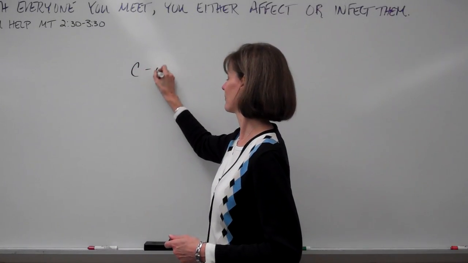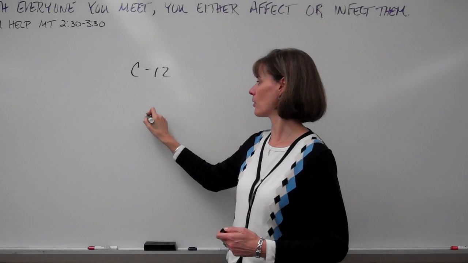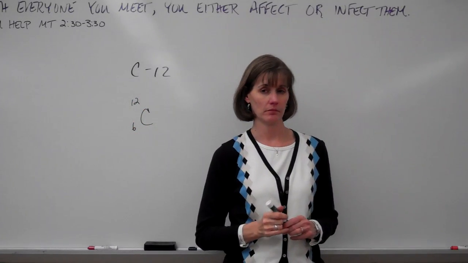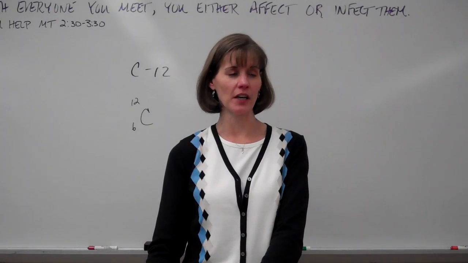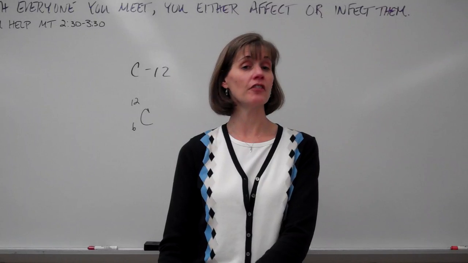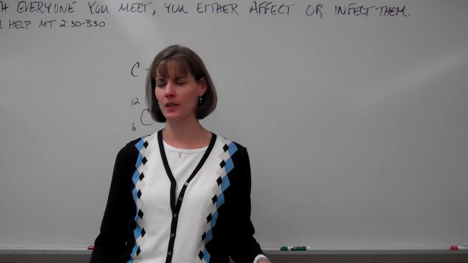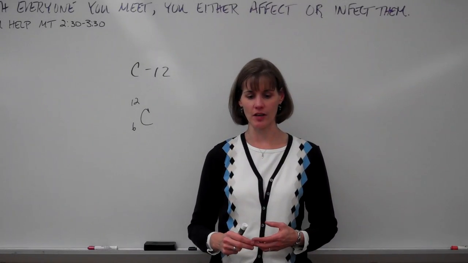C12, or we could spell it out, or we could write C with a 12 on the top and 6 on the bottom. Okay? That isotope is the standard. Even if the other answer choices mention other isotopes that used to be the standard, right now, carbon 12 is the standard.